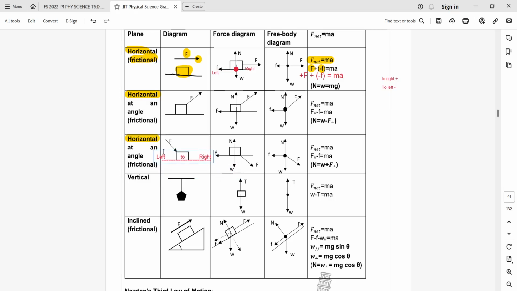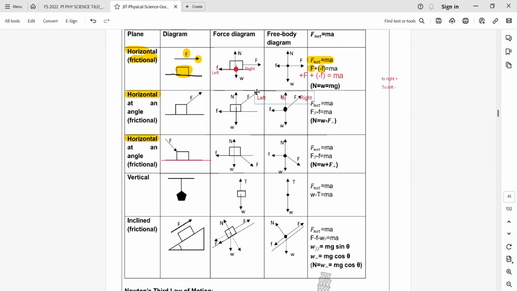But the force that is applied on the object is not from left to right. It comes from a certain angle. The angle can be 30, or 45, or 20, or any value that they give you in degrees, and you have to accept it. Take it in this perspective that the object will still move in a horizontal plane, the same horizontal plane, left to right. We can still write it here on the free body diagram: the object will move from left to right, but the force acting on it is coming at a certain angle.